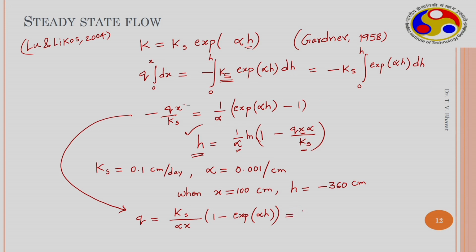If you substitute k is equal to 0.1 centimeter per day and alpha is 0.001, times x is 100 centimeter, times 1 minus exponential of alpha is 0.001 times head is minus 360. If I substitute, the q value comes out to be 0.302 centimeter per day.